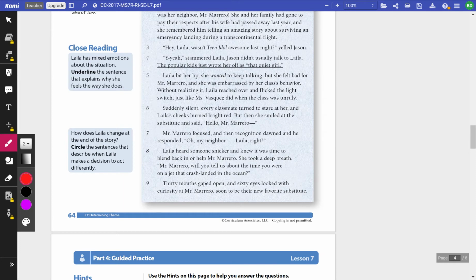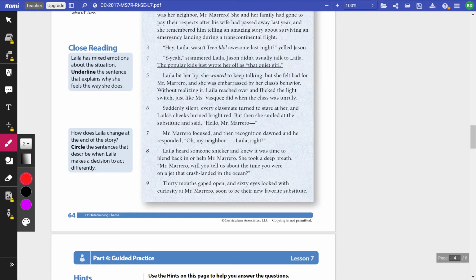Suddenly silent, every classmate turned to stare at her, and Layla's cheeks burned bright red. But then she smiled at the substitute and said, "Hello, Mr. Marrero." Mr. Marrero focused, and then recognition dawned, and he responded, "Oh, my neighbor. Layla, right?" Layla heard someone snicker and knew it was time to blend back in or help Mr. Marrero.